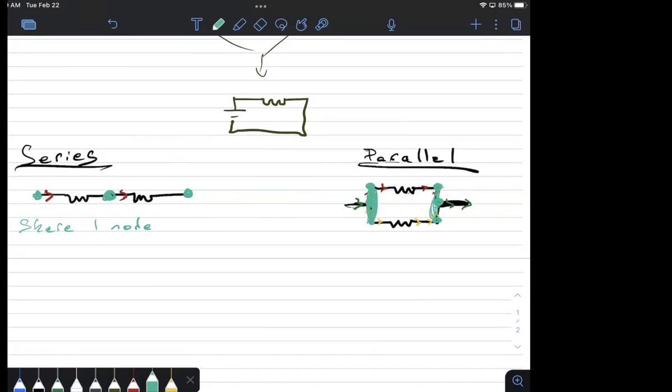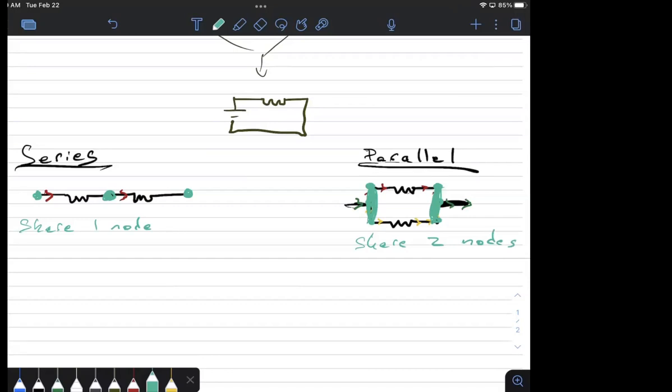Over here, these two nodes are really the same node. So the rule for parallel, if you notice, the top resistor and the bottom resistor have the same two nodes. If they share two nodes in common, they're in parallel.